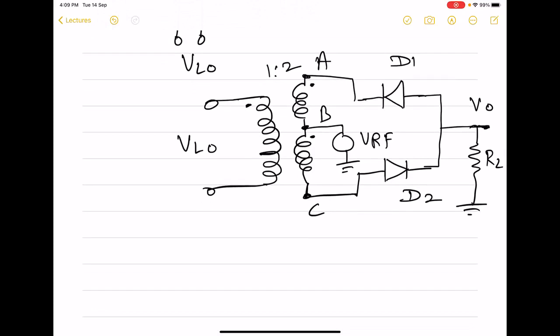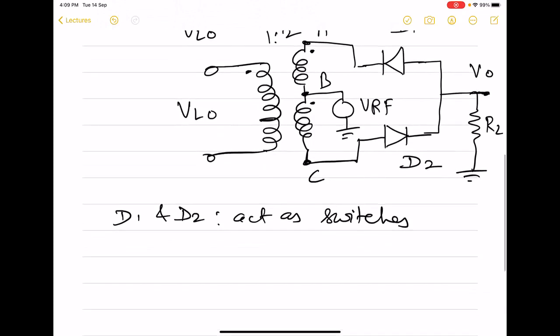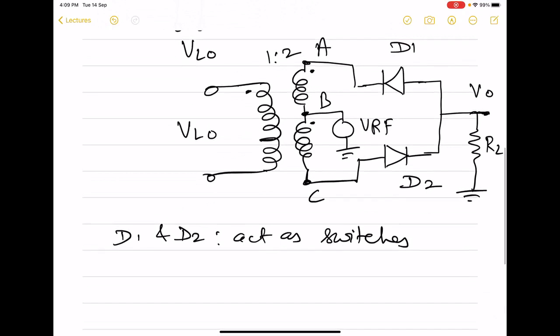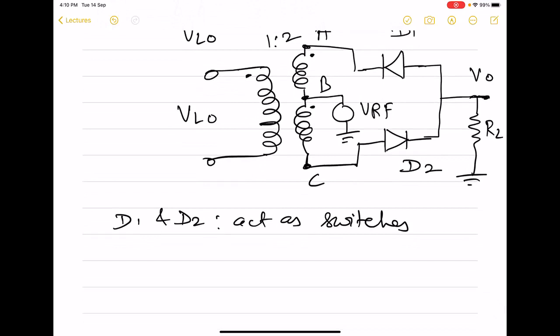In this circuit, as was pointed out, D1 and D2 act as switches. And since we want D1 and D2 to act as switches, we will see that it is LO which is responsible for switching them on or off, that means making them forward biased or reverse biased. That is why the VLO signal should be large.